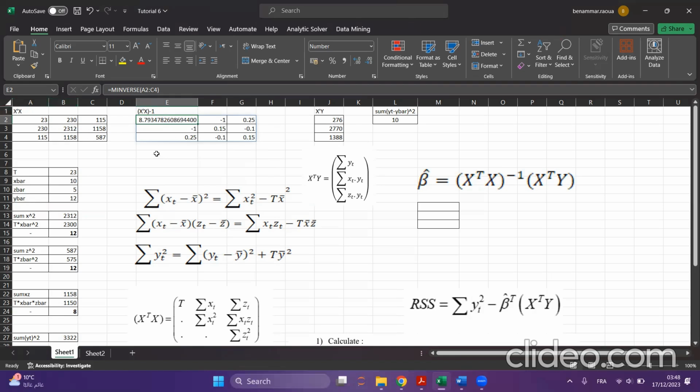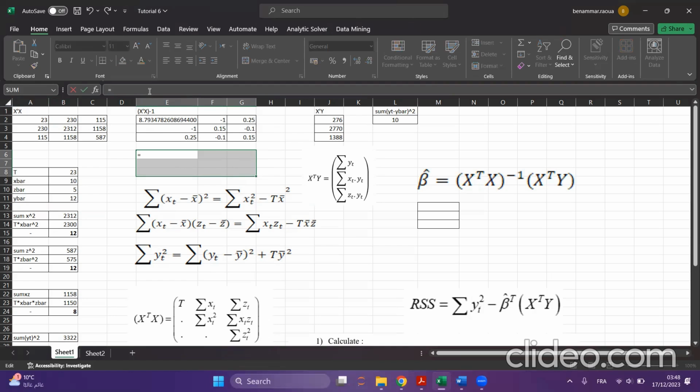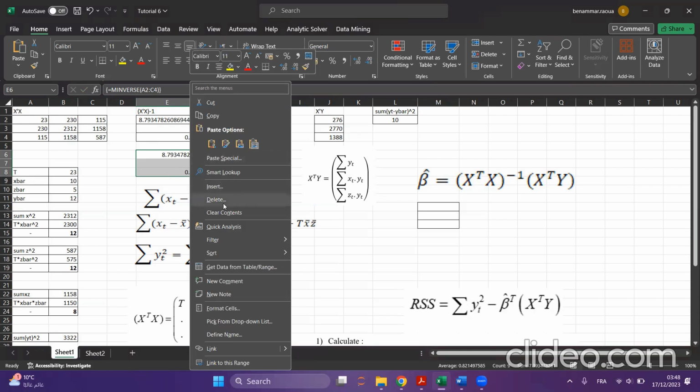To do that, we could just select these cells, go to function, and write MINVERSE. Then we select XTX. Then we hit Control, Shift, and Enter. Here, we easily found the inverse of XTX. Maybe you'll find this useful while working on projects.